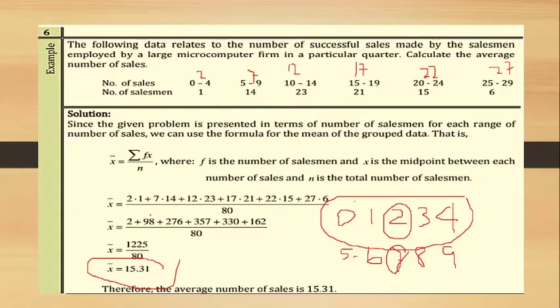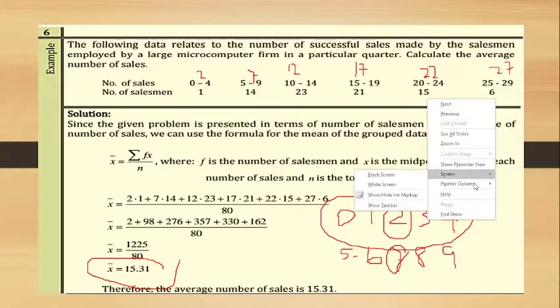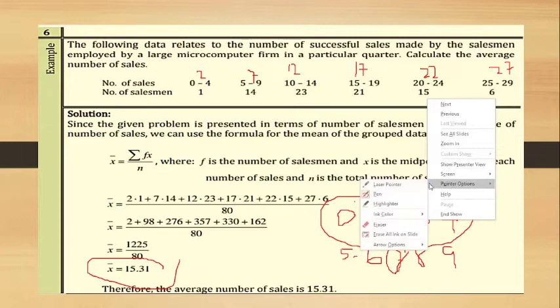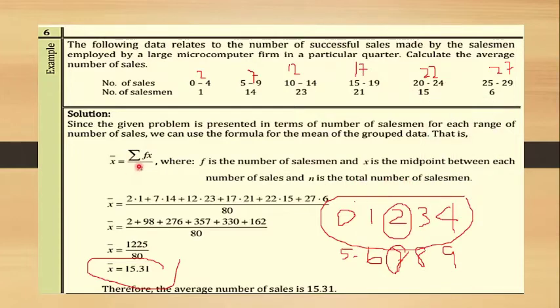The mean is equal to the summation of f times x, all over n.